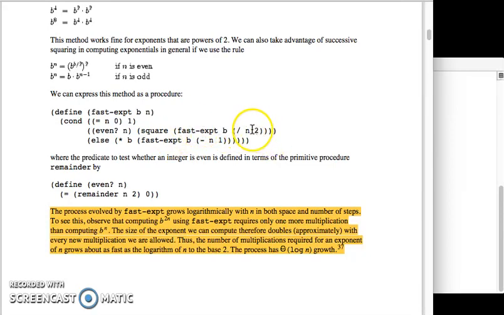So you divide n by 2, and then apply fast-exponent to b and n divided by 2, and then square that whole thing. Otherwise, you do the other one, which is you take n minus 1, apply fast-exponent to b and n minus 1, so you just put those two in for your inputs, and then multiply that by b.